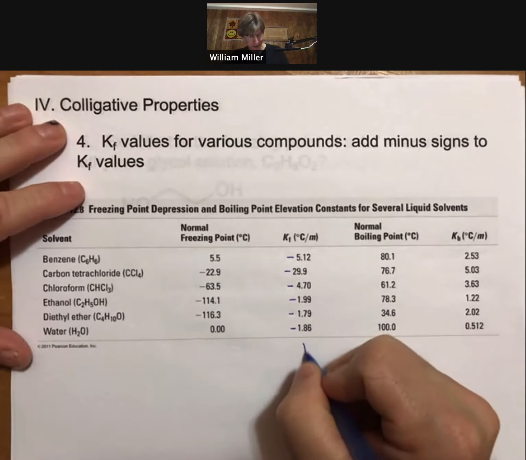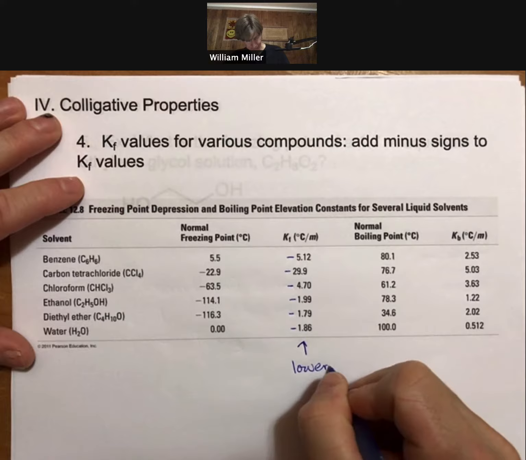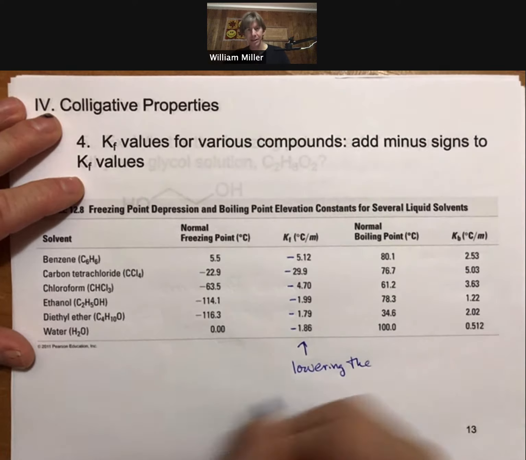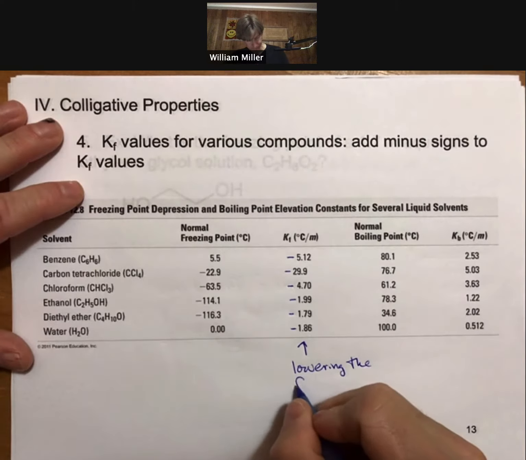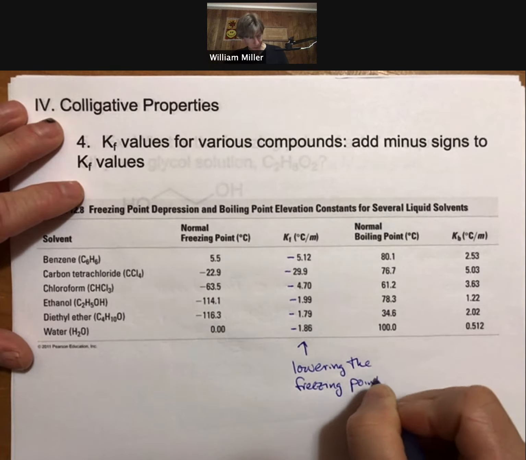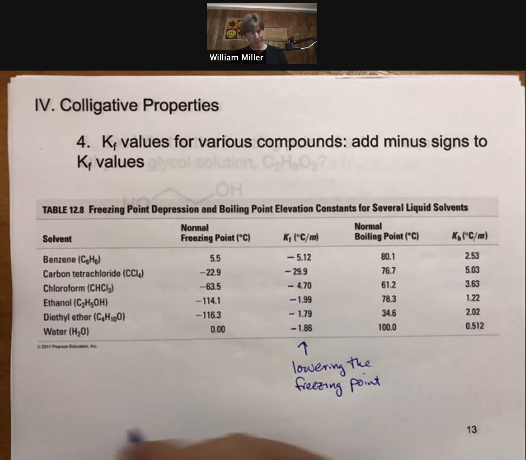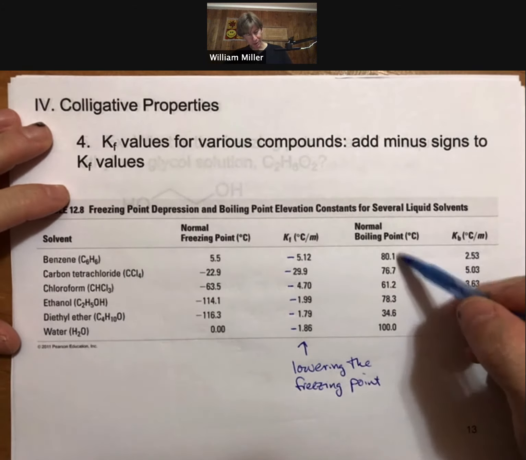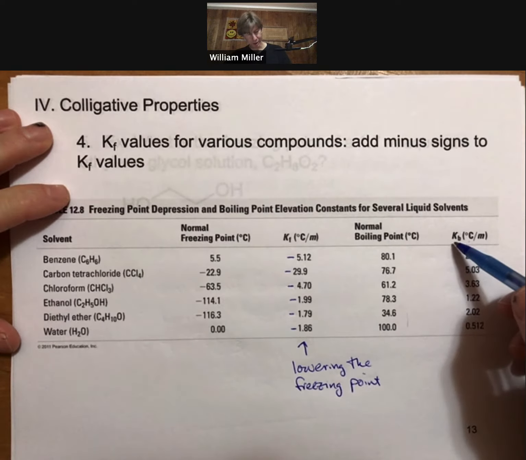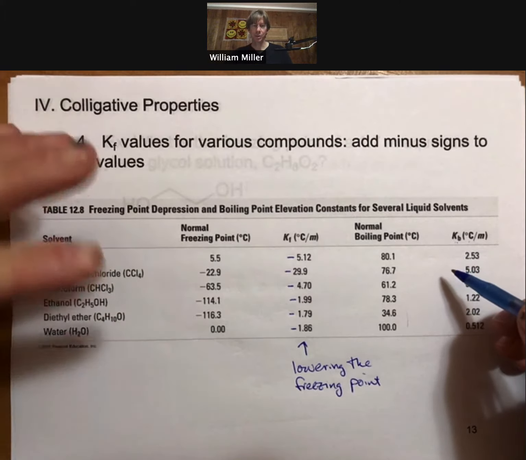And that is because we are lowering the freezing point. Not everybody does that. You have to put a minus sign in sometime, and that's where I do it. Kb values, we will see shortly, are for our boiling point elevation constants. We'll see those too.